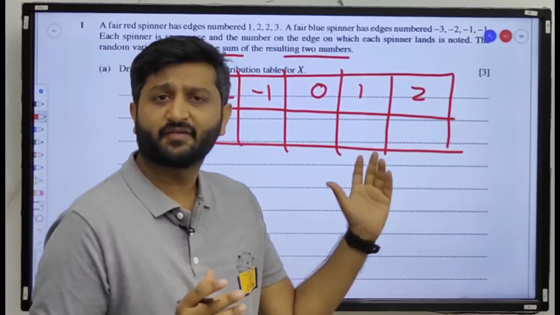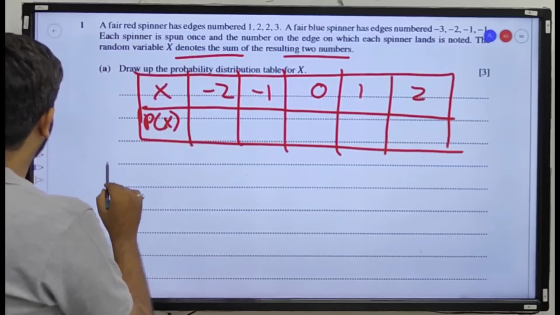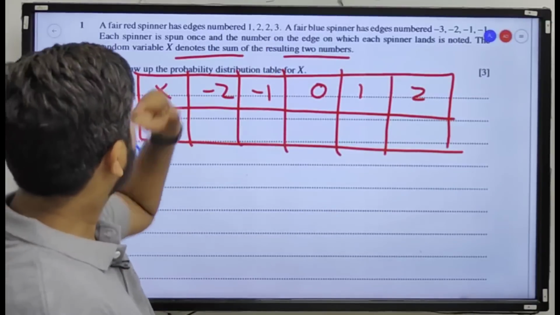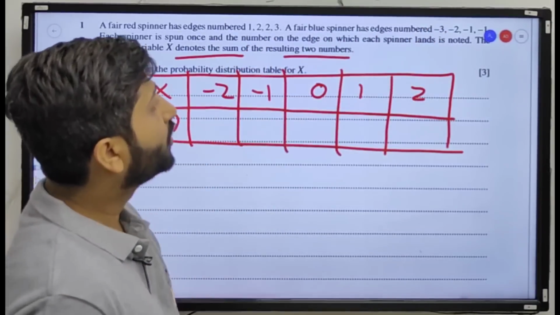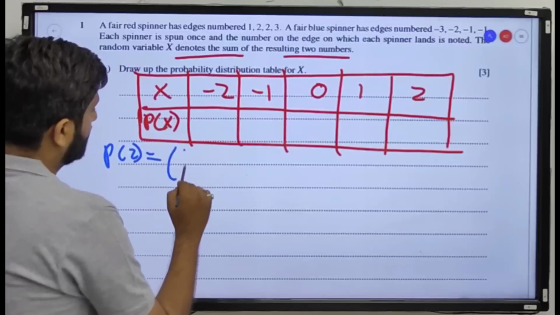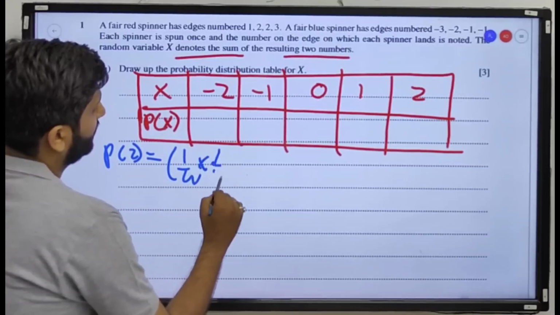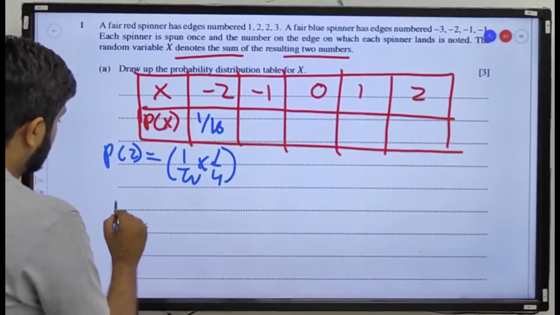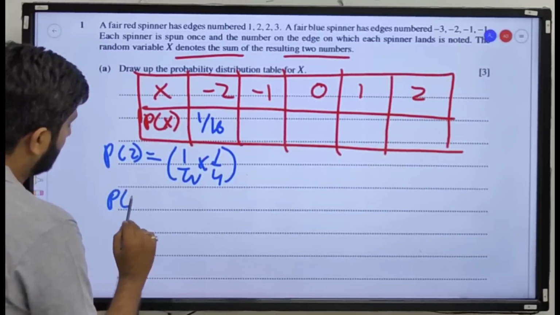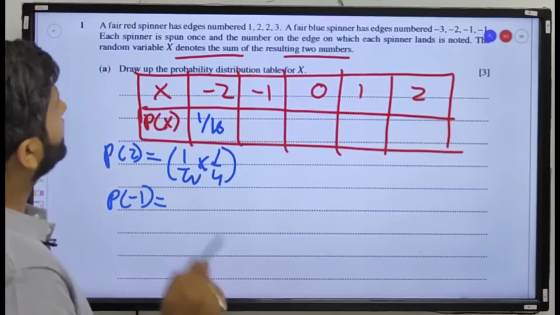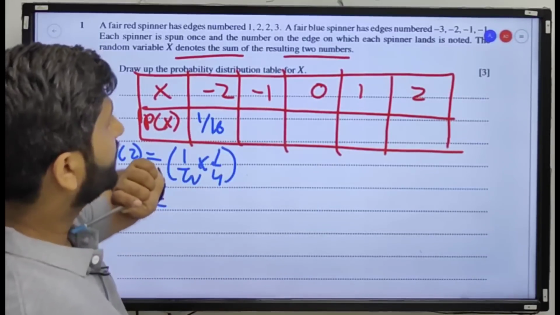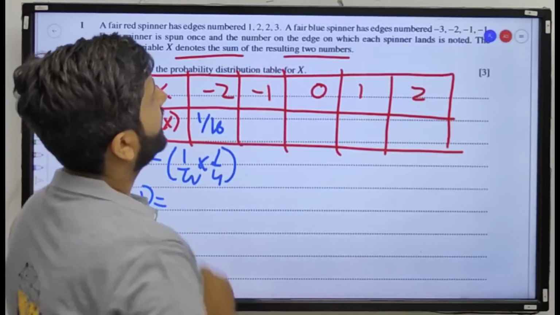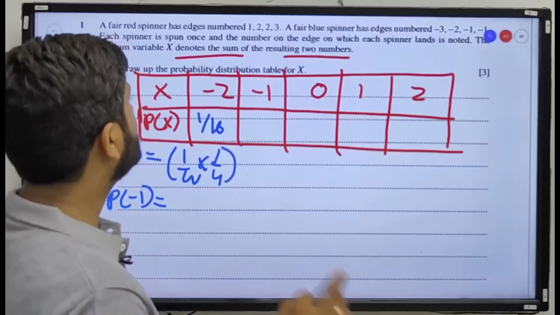Now let us find out the probability of each outcome. Probability of getting 2: how can you get 2? If you have 3 on the red spinner and -1 on the blue spinner. Easy. Now let us find the probability of getting -1. In order to get -1, I am supposed to have 2 on my red spinner and -3 on the blue spinner.